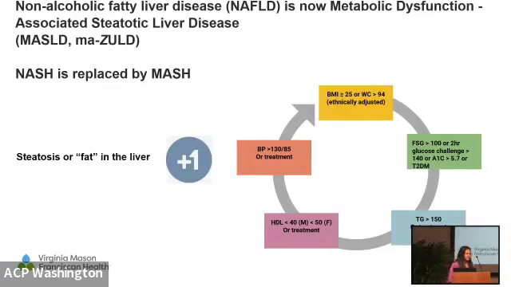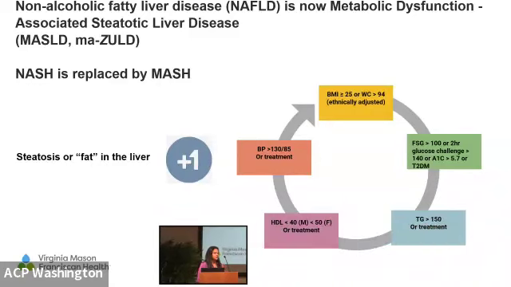So to take a step back, what is MASLD? What we once knew as non-alcoholic fatty liver disease is now called metabolic dysfunction-associated steatotic liver disease, pronounced as MASLD, like there's a Z in it. I think this is so helpful because the definition is now very simple. If you have steatosis, and if you have one of the cardiometabolic disorders, that is MASLD.